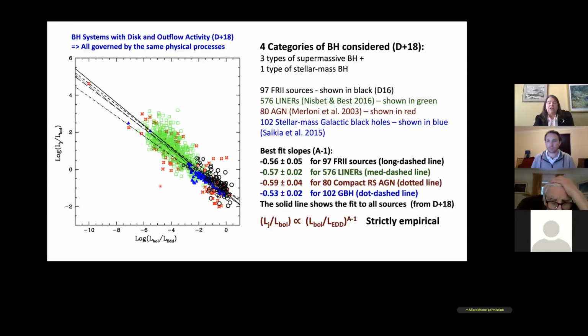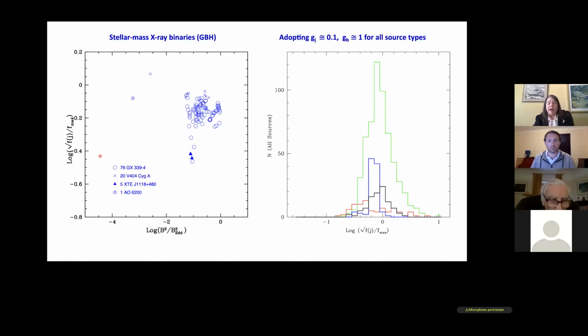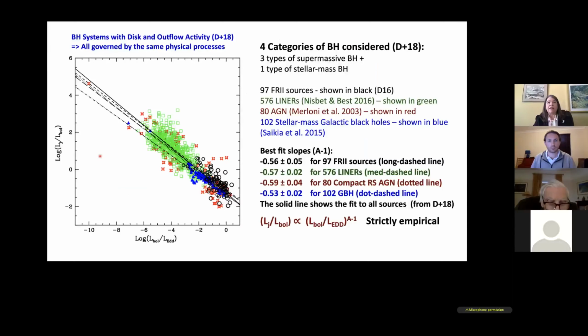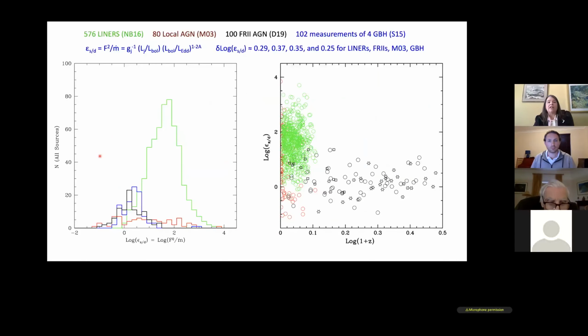And what this is showing is that this ratio, Lj over L bol, actually is measuring the relative impact of the input from the spin divided by the dimensionless mass accretion rate.